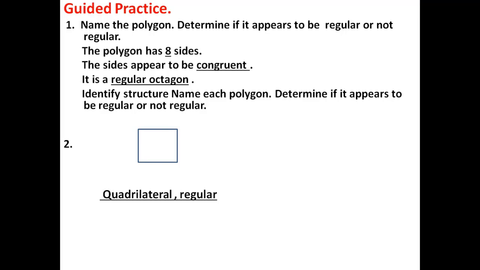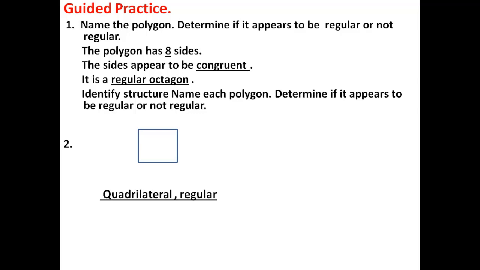And the last shape is octagon. Any 8-sided figure is called octagon. If all the 8 sides are equal, it is a regular octagon. And if all 8 sides are not equal, we can say this is a not regular octagon.